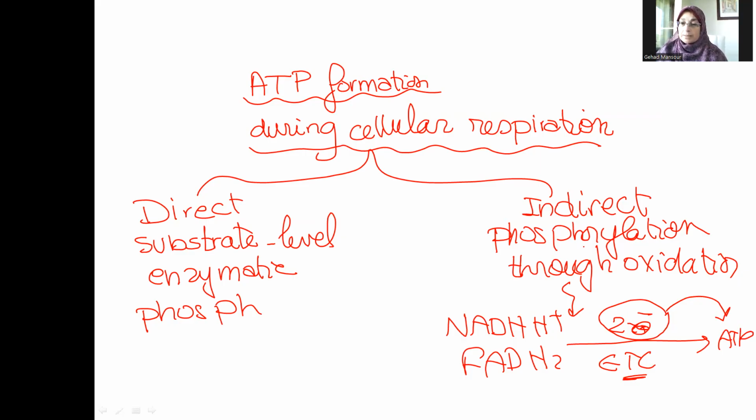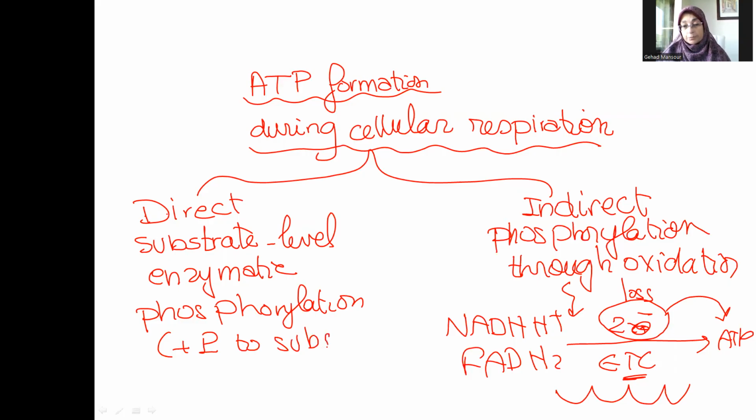Why do we say that it is indirect? Because this process of transfer is not direct addition of phosphate to the substrate. And why do we say that it is oxidative? Because there is loss of electrons, which is oxidation. Whereas here, direct substrate level enzymatic phosphorylation, you directly add a phosphate to a substrate.